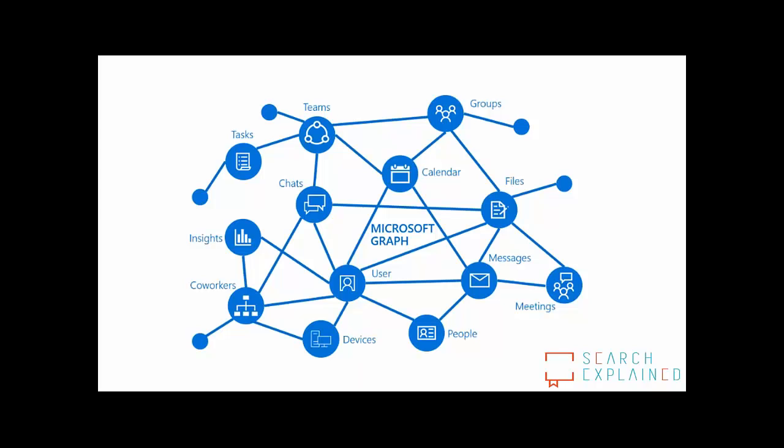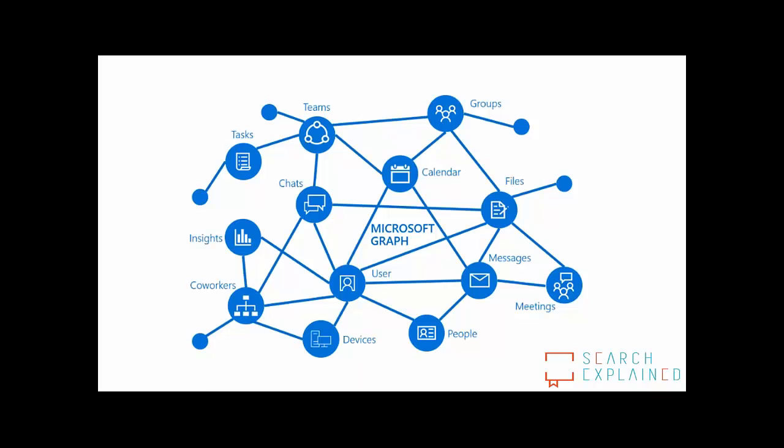Because whenever I do a search in SharePoint Online or in Delve, for example, I get recommendations based on the graph. Whatever is close to me in the graph will be recommended to me.